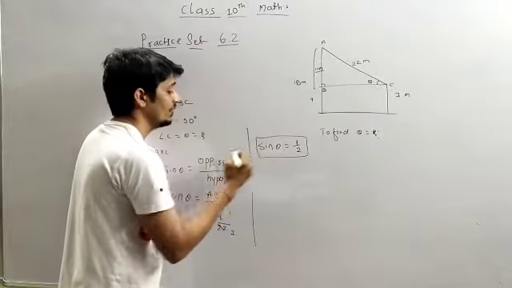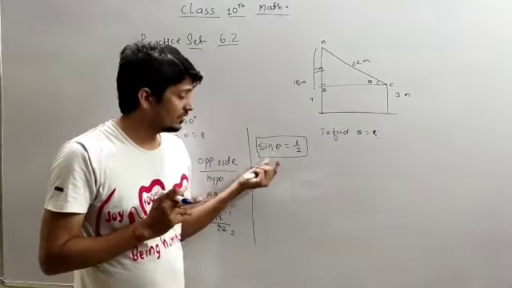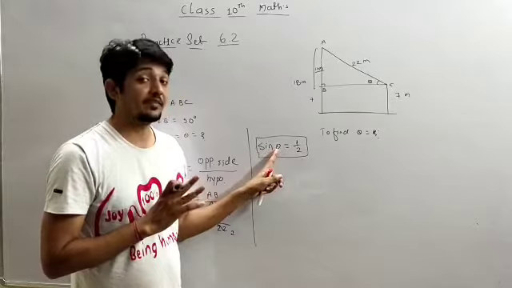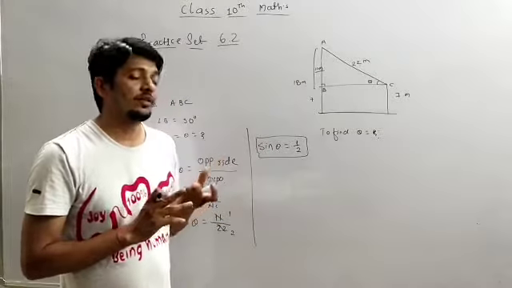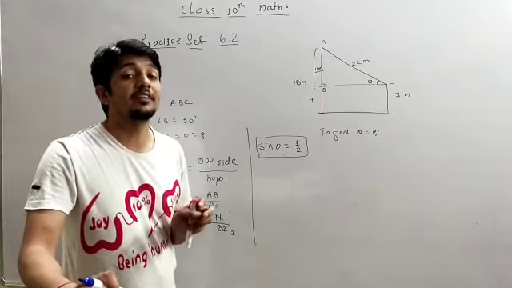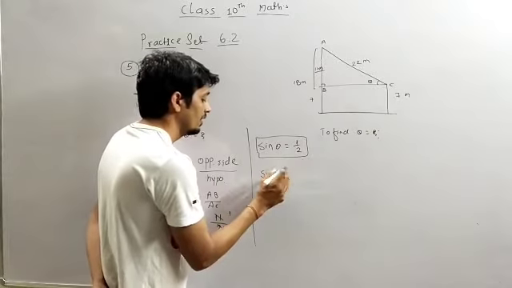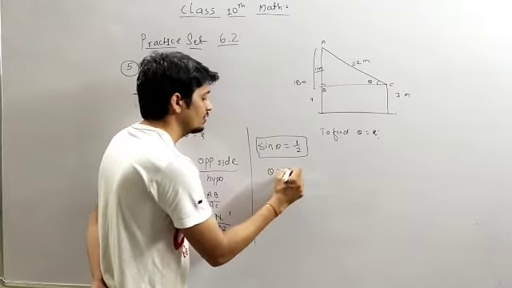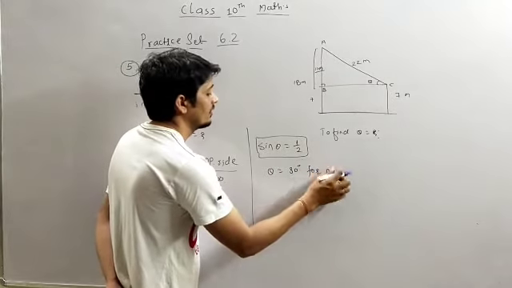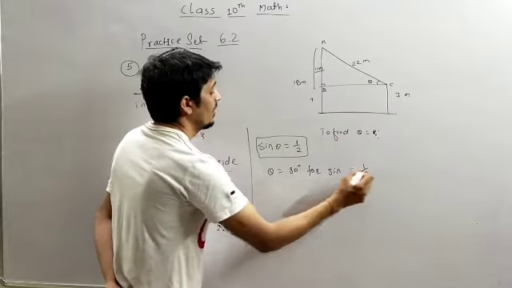In our ratios where we have derived the values of the different ratios at different angles, we have already solved the trigonometric ratio values. So we know sin 30 degree equals 1 by 2.